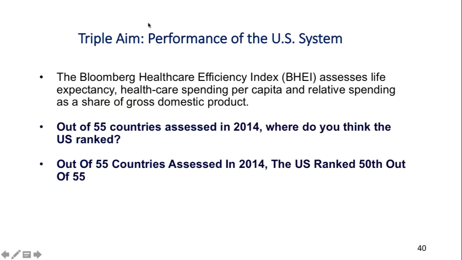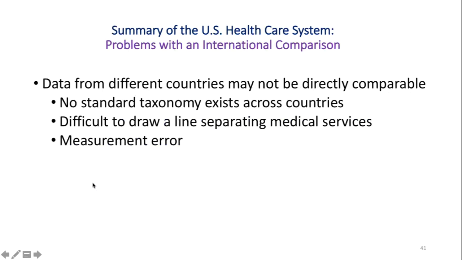Now, based on the triple aim, the United States actually ranked 50 out of 55 countries. But you have to be careful when making cross-country comparisons. The data from different countries may not be directly comparable.